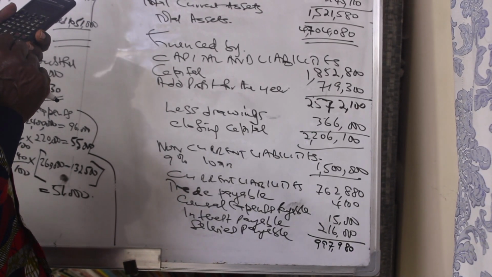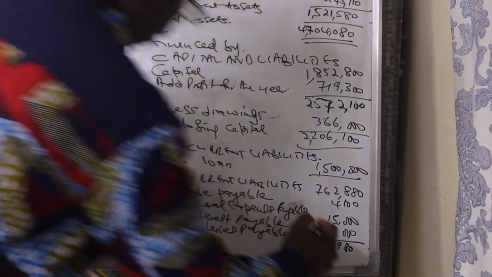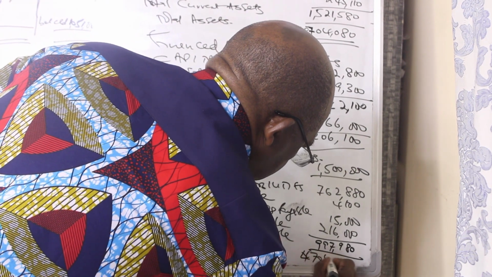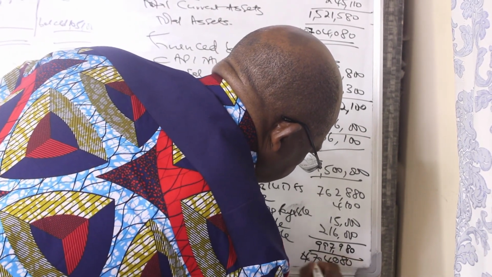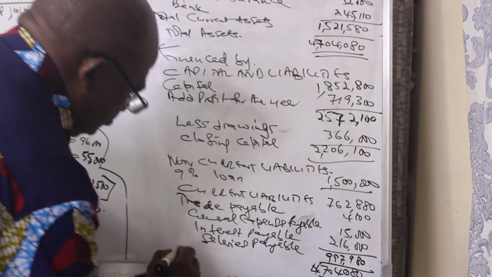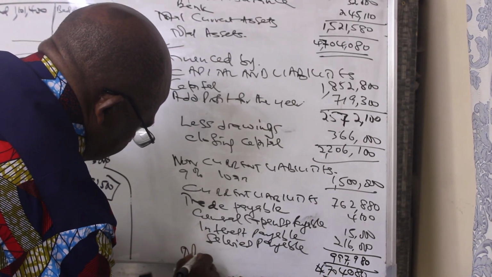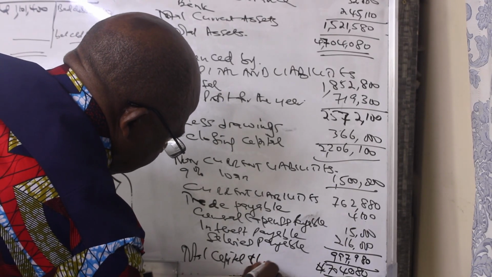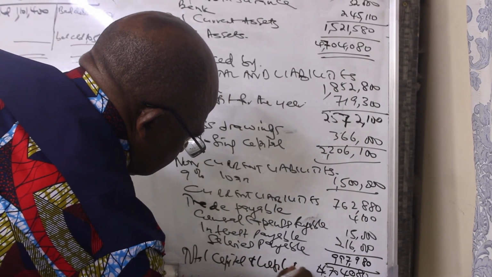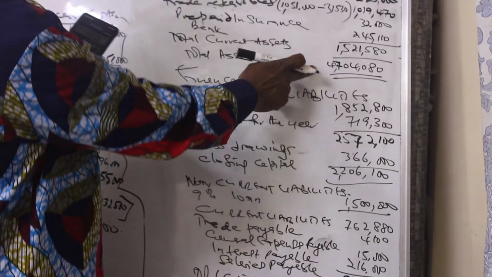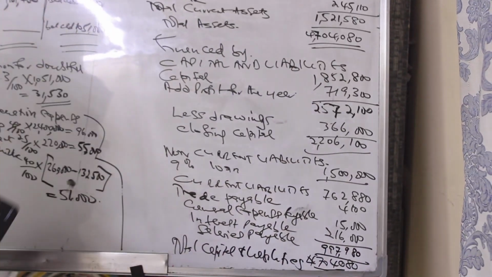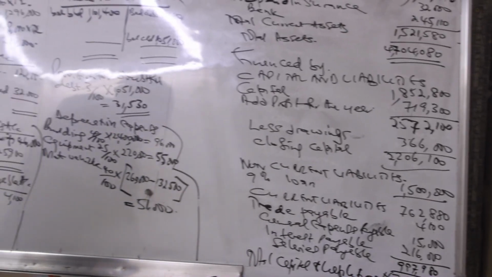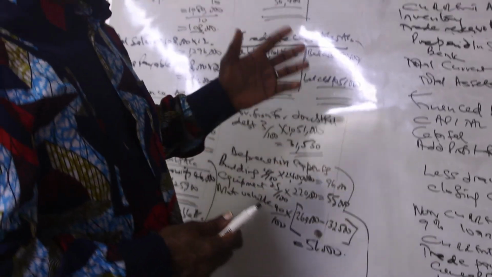We get 4,704,080. You get 4,704,080 total capital and liabilities, and it balances with the total assets. That's the way the question was supposed to be done.